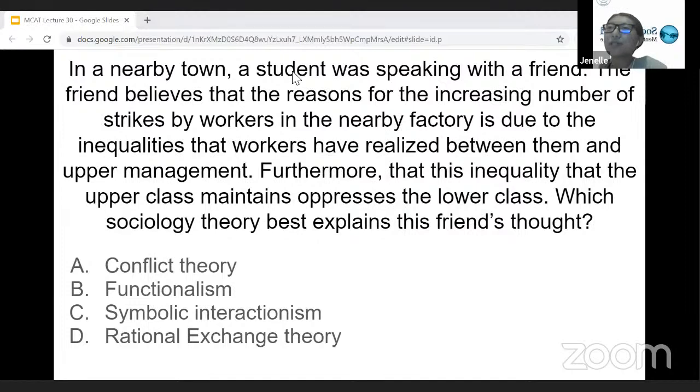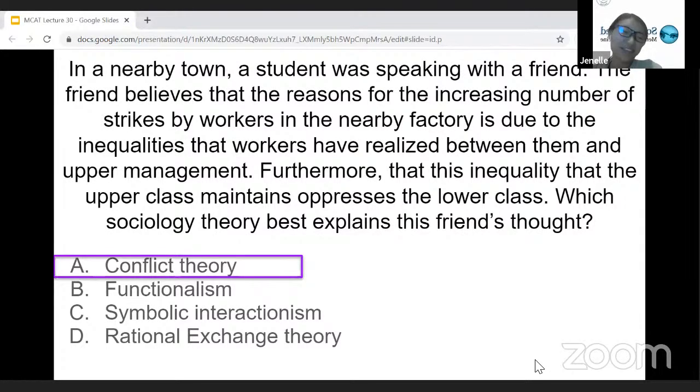Okay, closing the poll now. We have 100% saying choice A, which is also awesome, because yes, the answer is A. 100% of you guys got it, which is awesome.